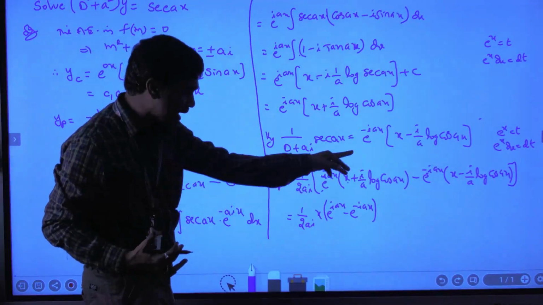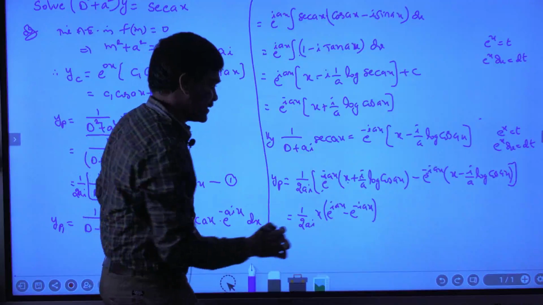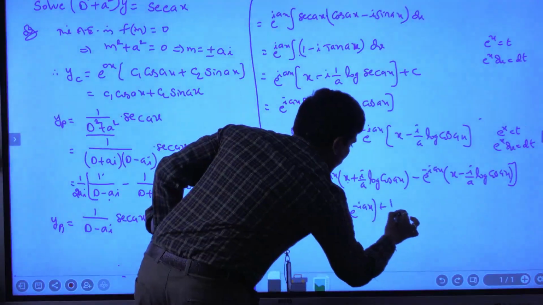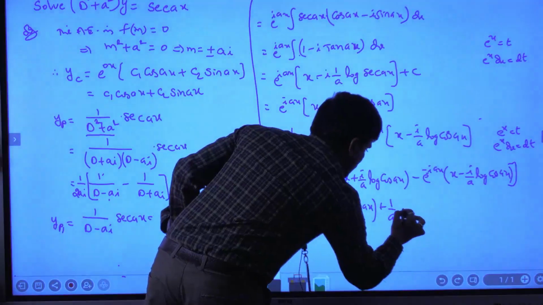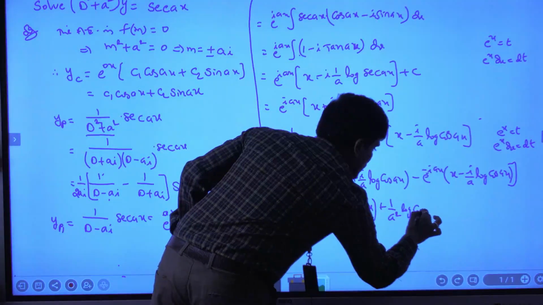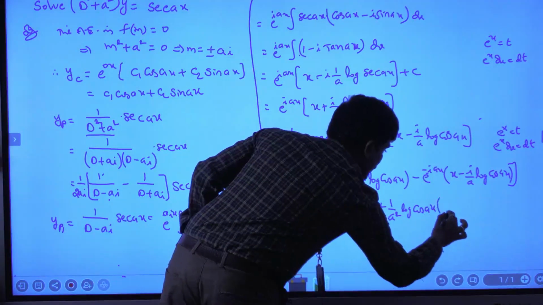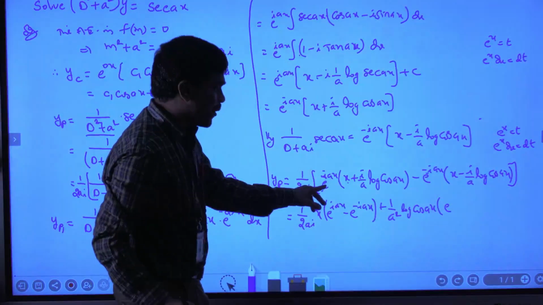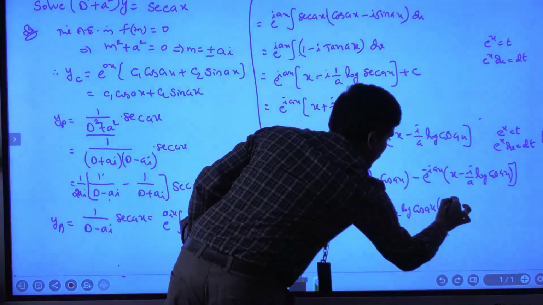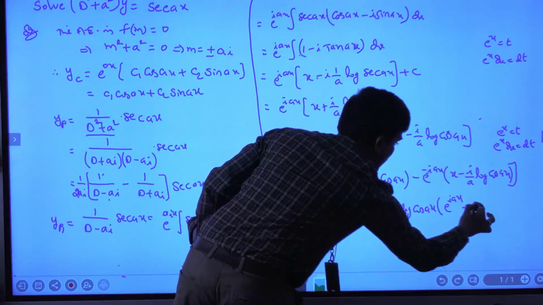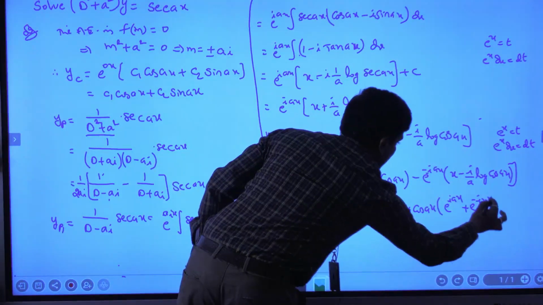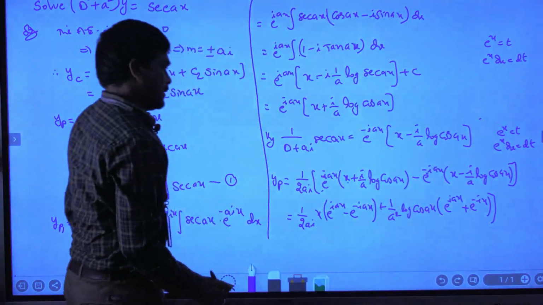Here 2 cancels and i also cancels. So finally we get 1 by a square logarithm of cos ax into (e power iax plus e power minus iax).